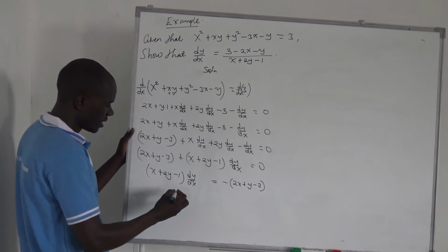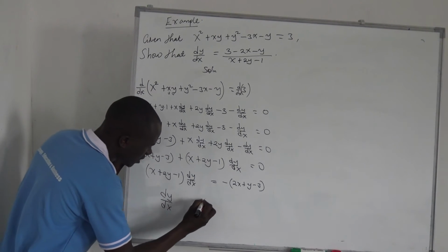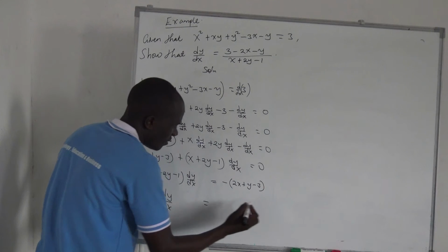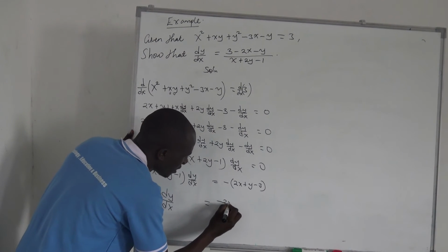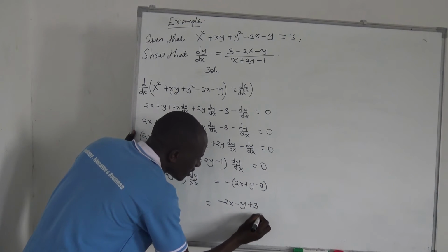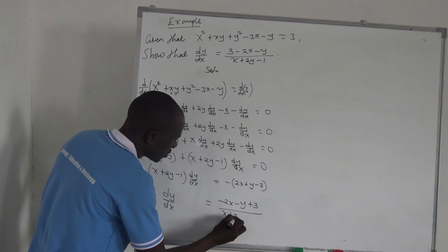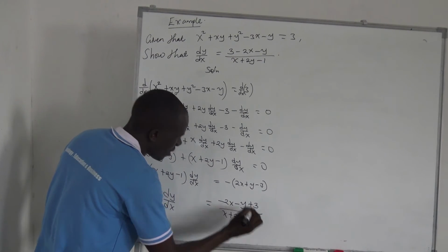We divide by this. So dy/dx equals negative 2x minus y, a negative times a negative gives a plus, all over x plus 2y minus 1.